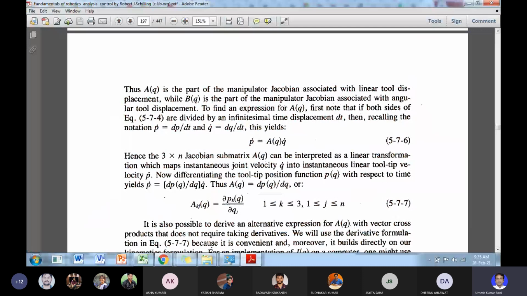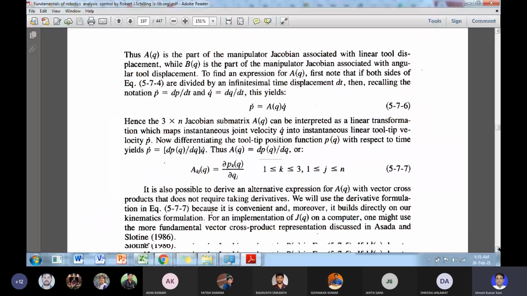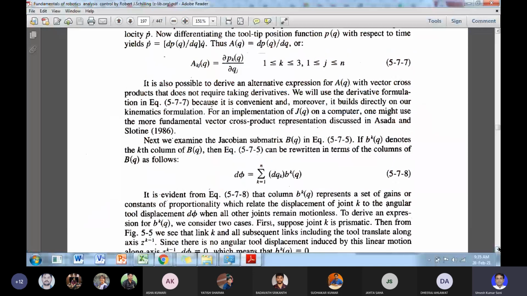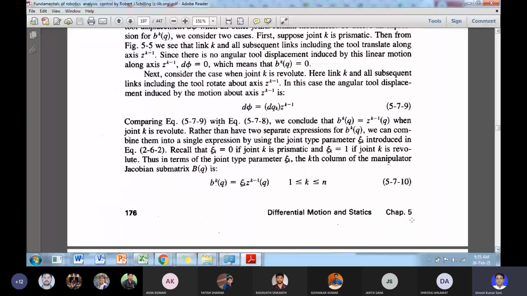After some time, for these calculations, it has taken K as joint variables, K as joint numbers, so it is confusing. So I have told you to change this. Here you say the Jth column of the manipulator Jacobian.